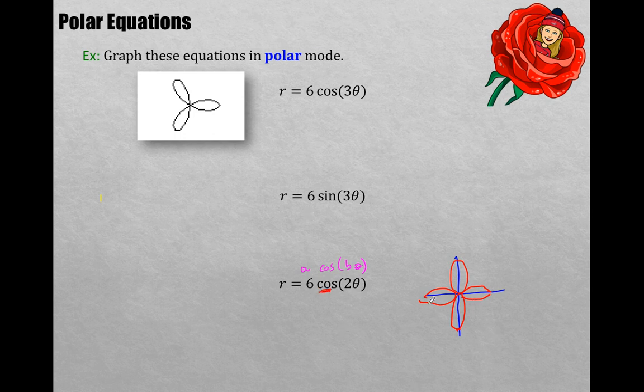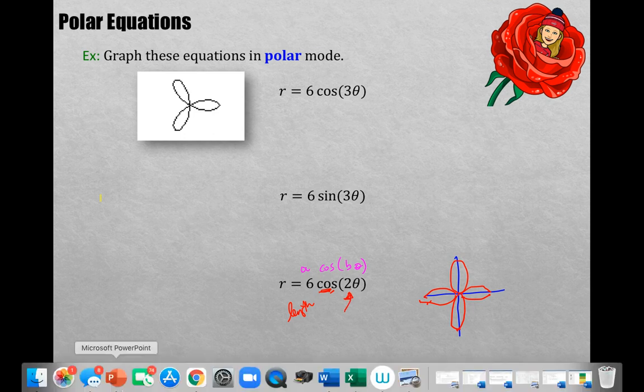You do get the positive x and y. I'm sorry, positive and negative x-axis, but you get the positive and negative y as well. Well, that doesn't really fit my pattern. Well, the 6 is still the length, though. The 6 is still my length. I do still see an x orientation, but I also see a y. But the 2 is certainly not the number of petals.